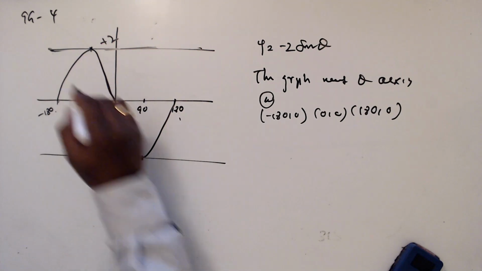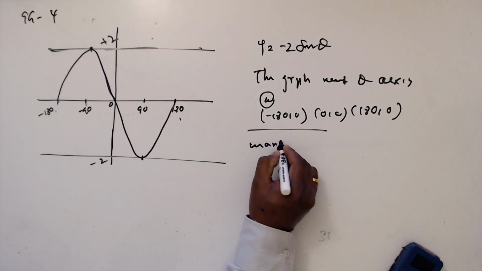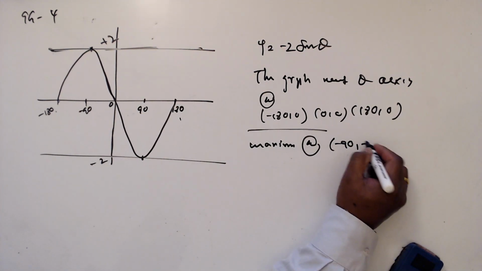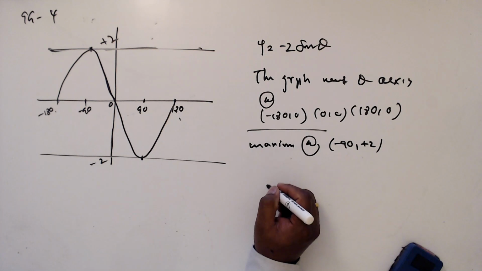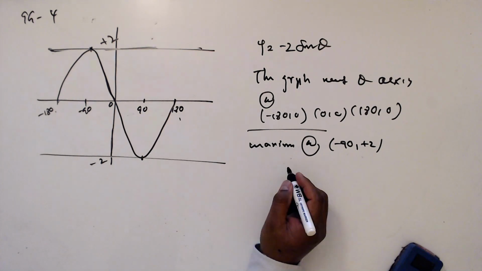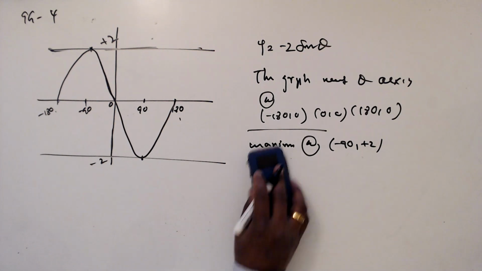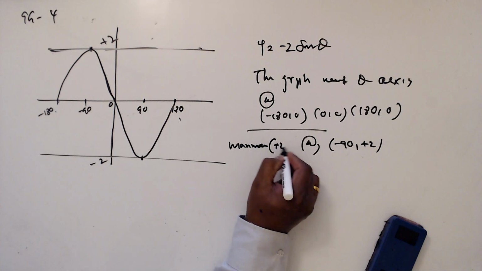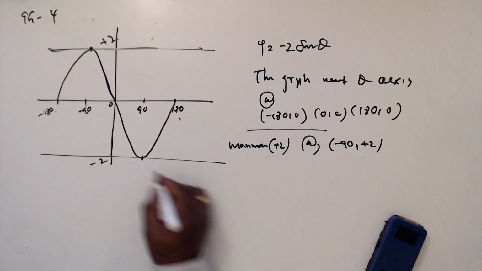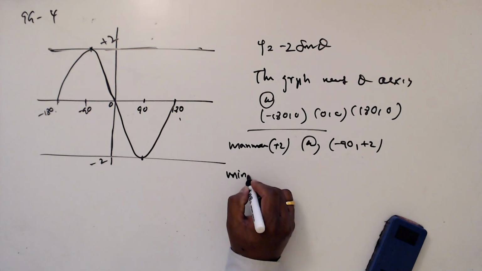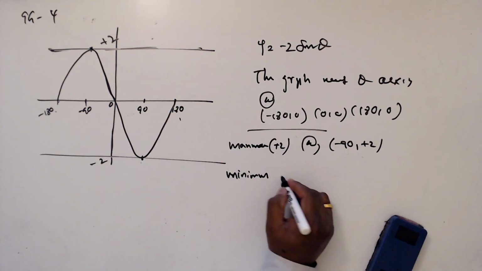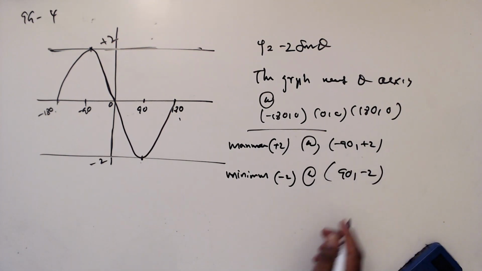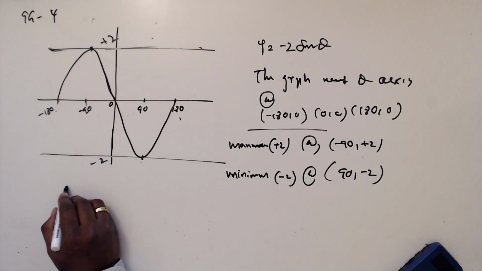And graph has maximum plus 2 at minus 90, and minimum minus 2 at 90. So you can explain this graph.